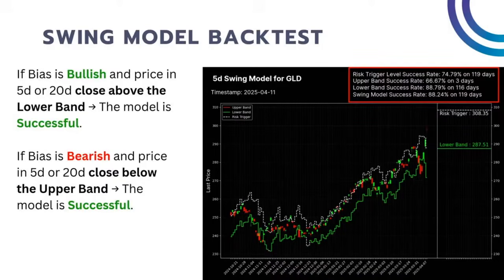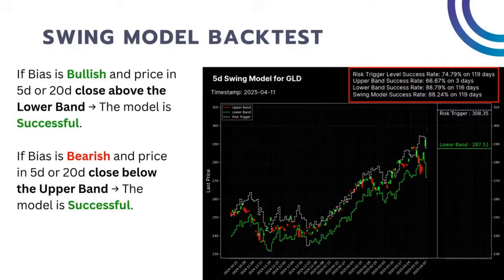At the top right of the screen, you would see the success rate. In this case, you can see the success rate of the risk trigger. That means that the price should close below the risk trigger for the model to be successful in 5 days or 20 days from now. You see the success rate of the upper band, the success rate of the lower band, and then the total success of the model.